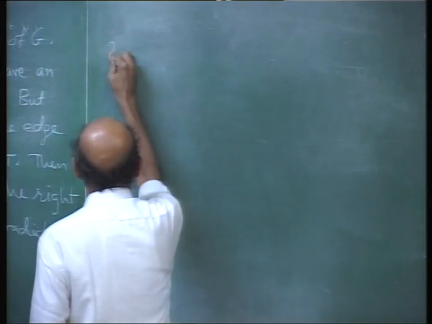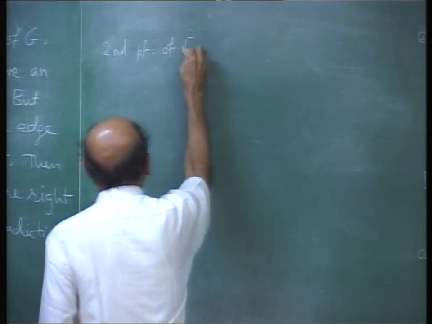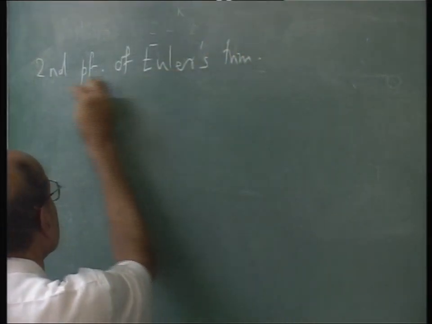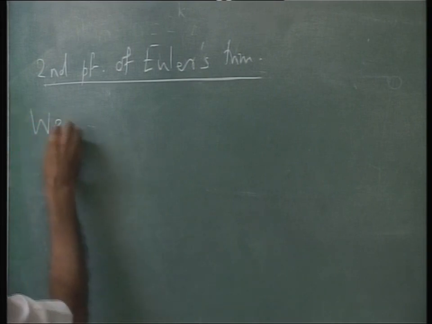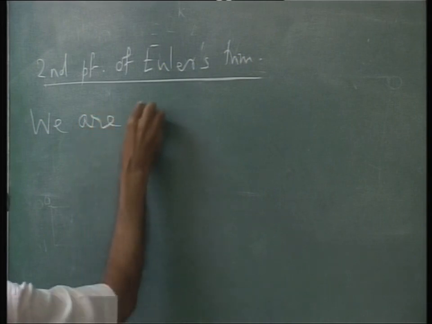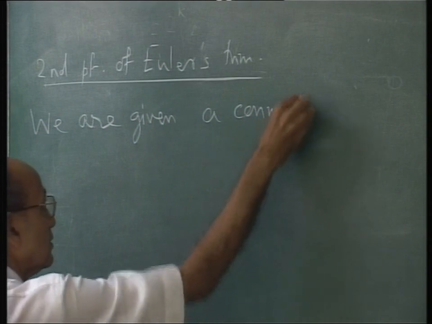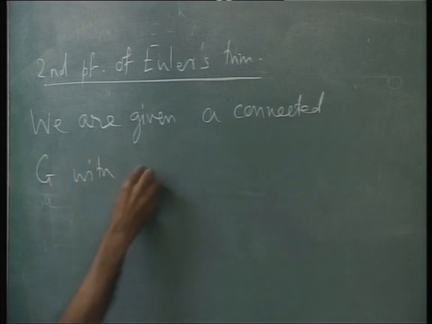Second proof: what is it that I do? I'm given a graph G. We are given a connected G with each vertex of even degree.